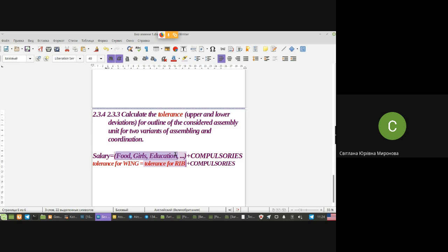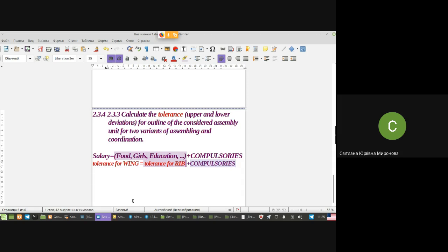How do we work with tolerances for airplane pieces? Tolerance for the whole wing is the salary. Tolerance for assembly components which are inside, plus these compulsories. Compulsories are the differences between jigs.